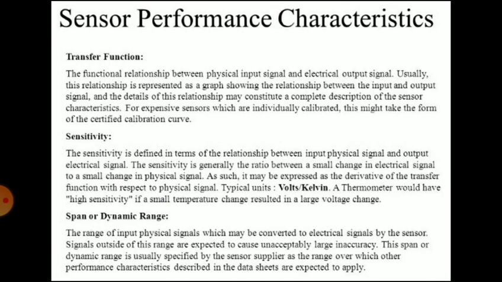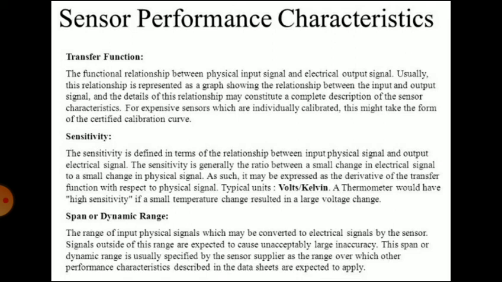Then sensor performance characteristics. We will see the different types of sensors based on the static and dynamic characteristics. So first, the transfer function: the functional relationship between the physical input signal and the electrical output signal.